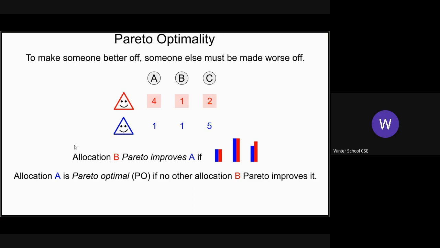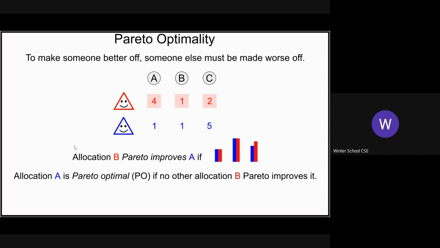Okay. And pictorially, allocation B Pareto improves an allocation A if under B, everyone is at least as happy and someone is strictly happier, in terms of the value for their own bundles. And a Pareto optimal allocation is one that cannot be Pareto improved, or obviously improved, by any other allocation.